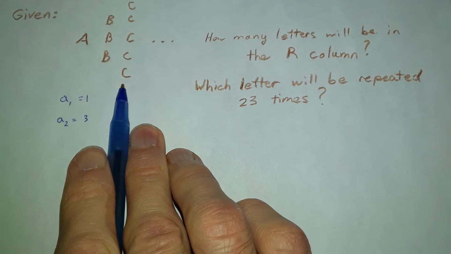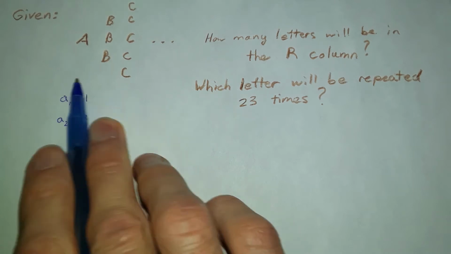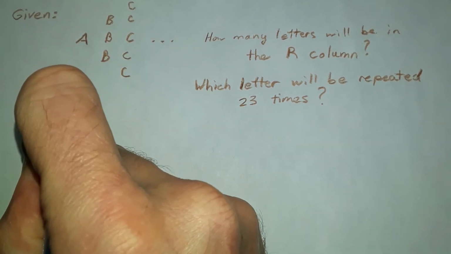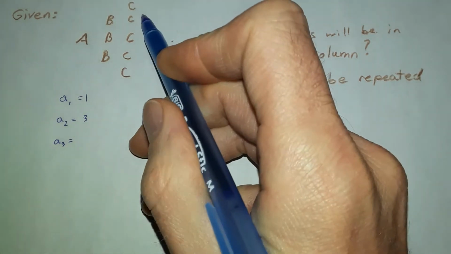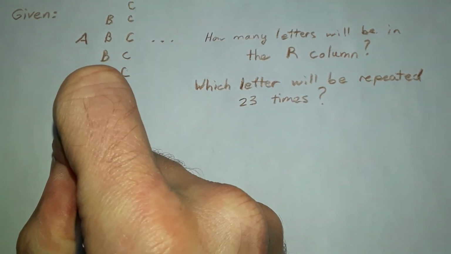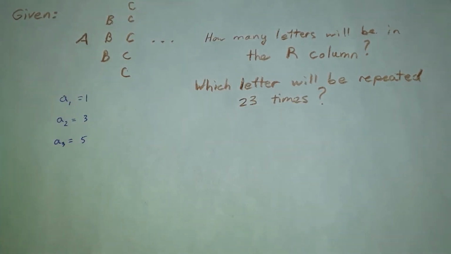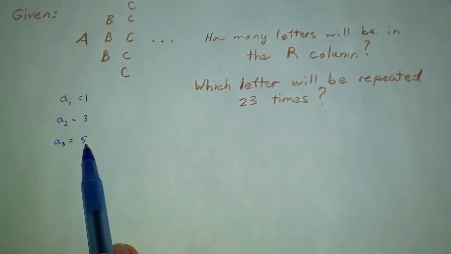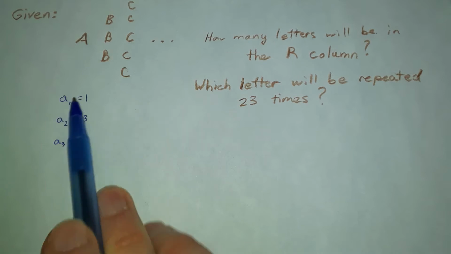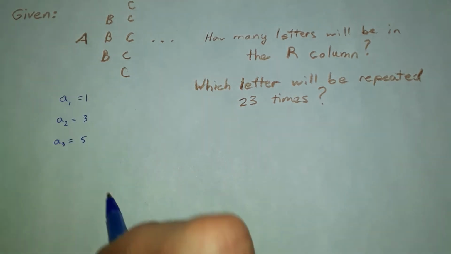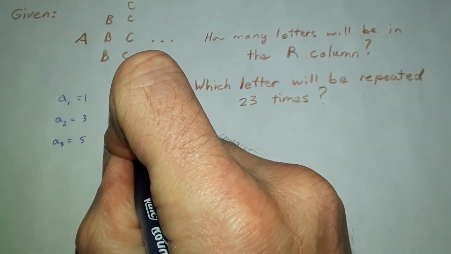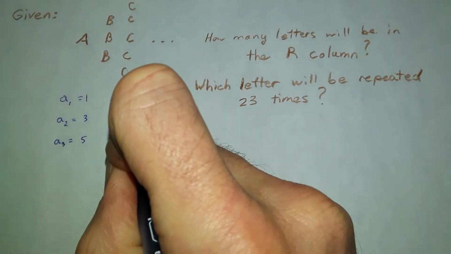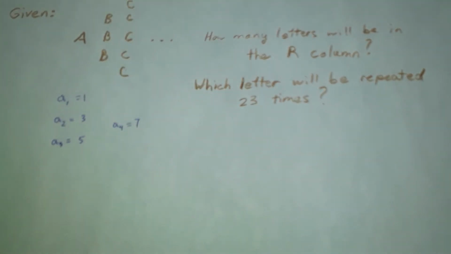In my third column of this, I have 5. And so what kind of a pattern can I see here? Well, I have 1, I have 3, I have 5. So this looks like the odd numbers. So I am anticipating that my 4th term is going to be 7.